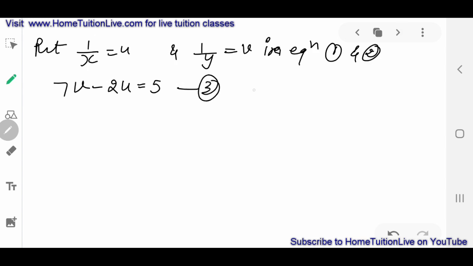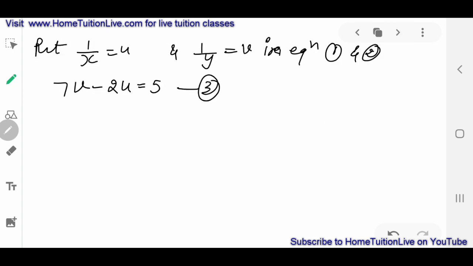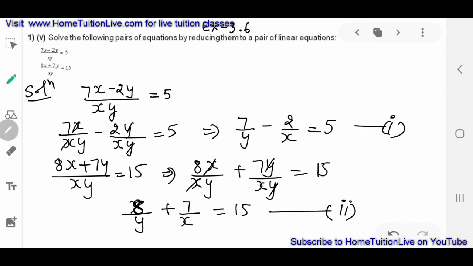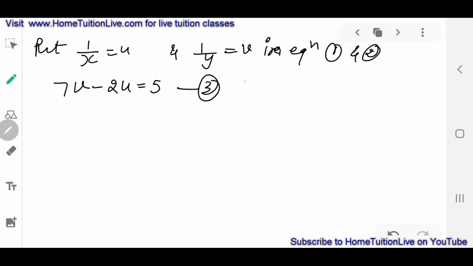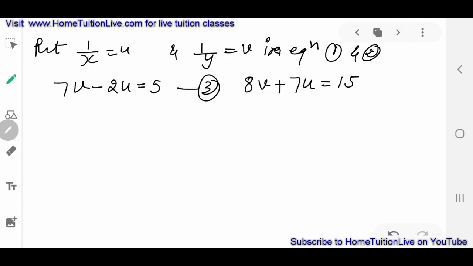This is the third equation. The fourth equation is 8v plus 7u equals 15. Now this is the fourth equation.